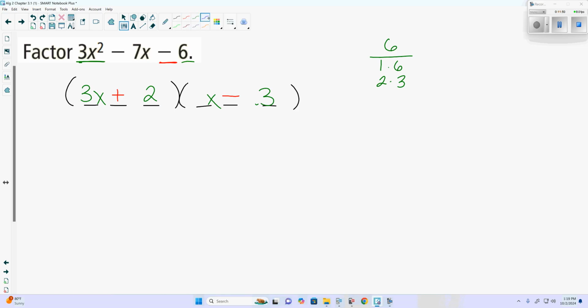So let's check this here. 3x times negative 3 would be negative 9x. Positive 2 times x is going to be plus 2x. That makes negative 7x. Is that the middle term we want? Yes.